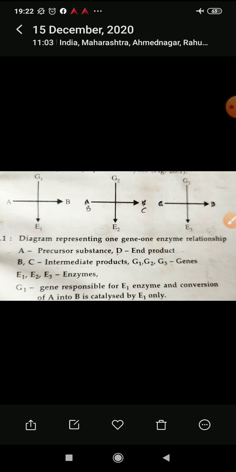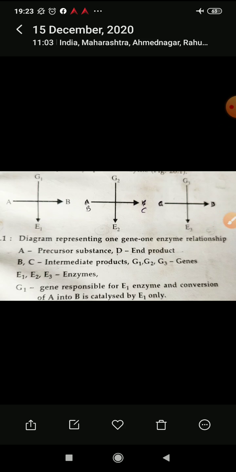One gene, one enzyme hypothesis. Genes actually do two main functions. One, replication or self reproduction, and second, phenogenesis.